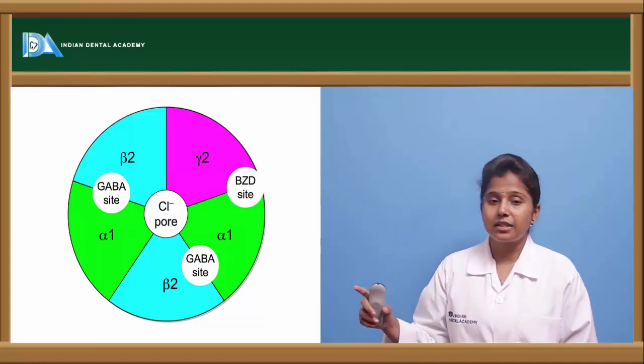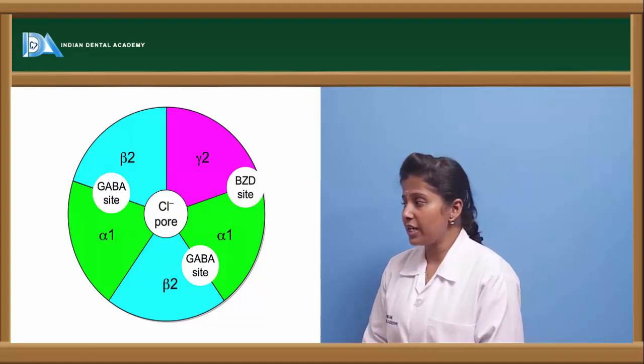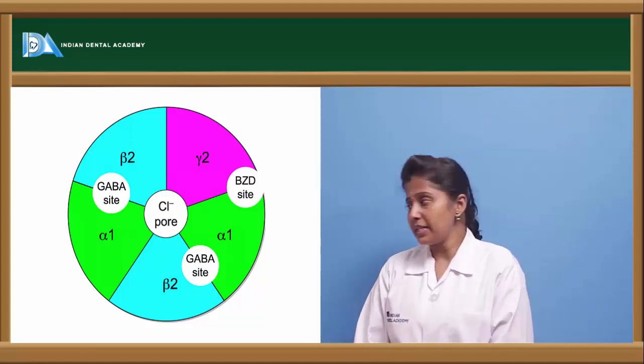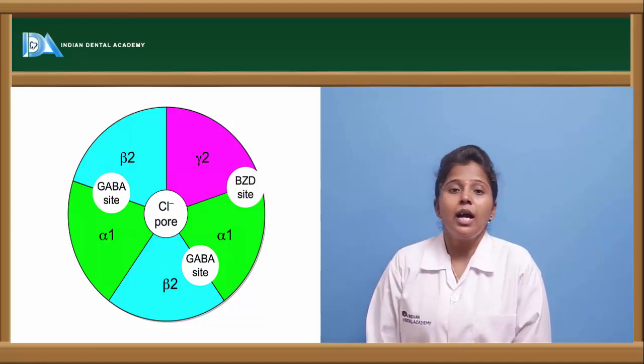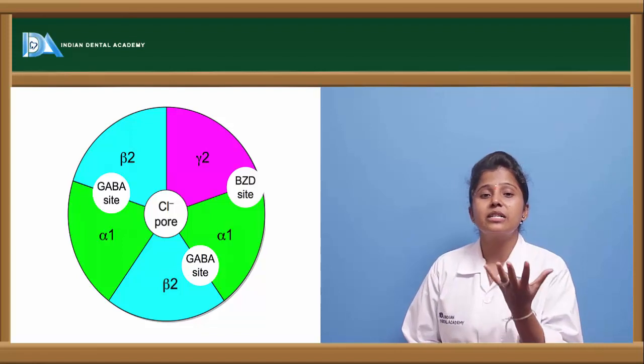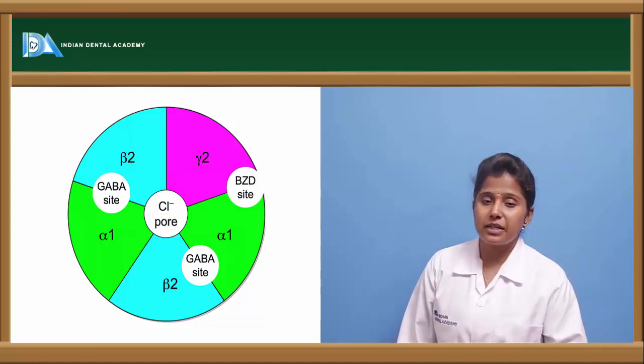Here are the various subunits of the GABA receptor, and here we can see the benzodiazepine site as well as the GABA site. The GABA site is a place where GABA binds, and the benzodiazepine site is a place where benzodiazepines bind. So if the benzodiazepines bind, the GABA receptor gets opened, and chloride entry takes place into the cell.